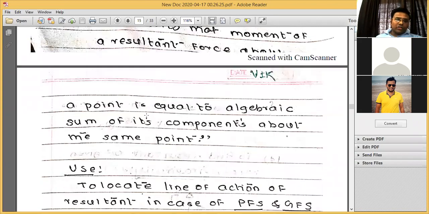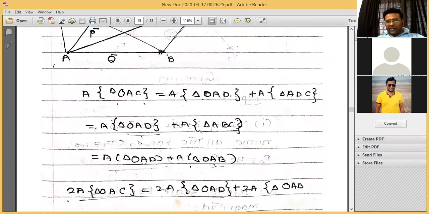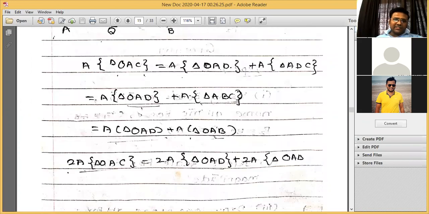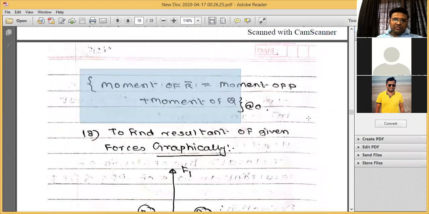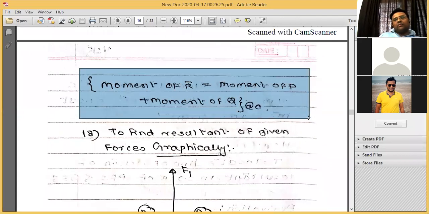You can observe that the theoretical part and the derivation are there. We are interested in the end product, that is the moment of R is equal to the moment of P plus the moment of Q at point O.